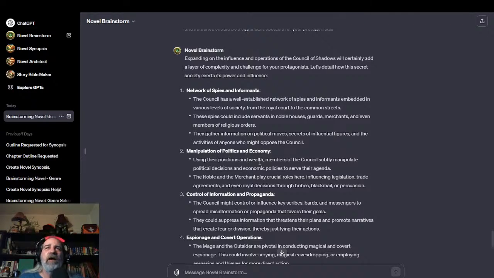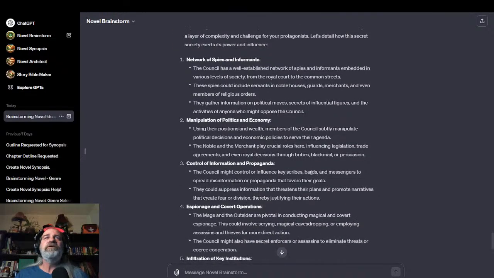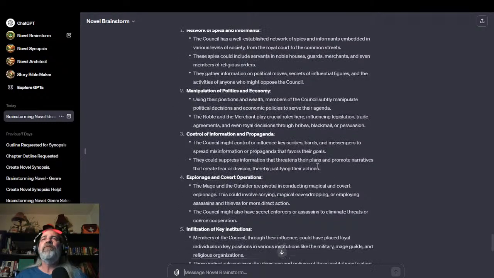Manipulation of politics and economy: using their positions and wealth, members of the council subtly manipulate political decisions and economic policies to serve their agenda. The noble and the merchant play crucial roles here, influencing legislation, trade agreements, and even royal decisions through bribes, blackmail, and persuasion.